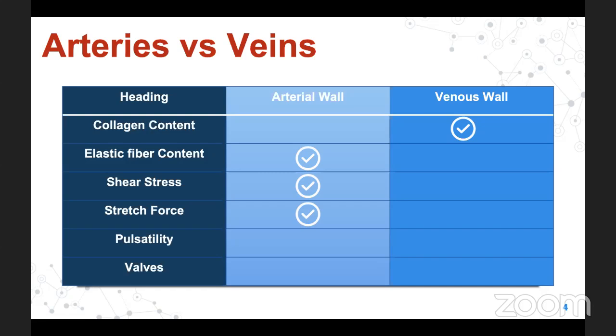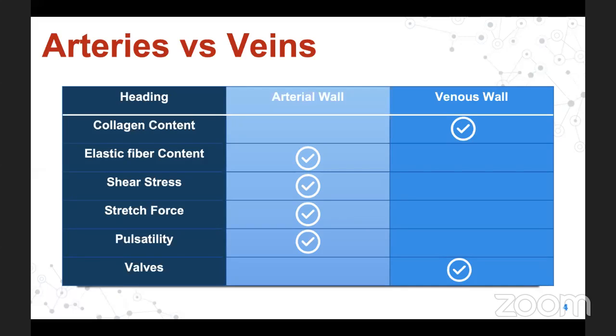One of the main characteristics of the arteries is the pulse, and some venous walls have valves while the artery doesn't. And if we compare the veins with the lymphatic vessels, the main difference is that the lymphatics have more valves than veins.